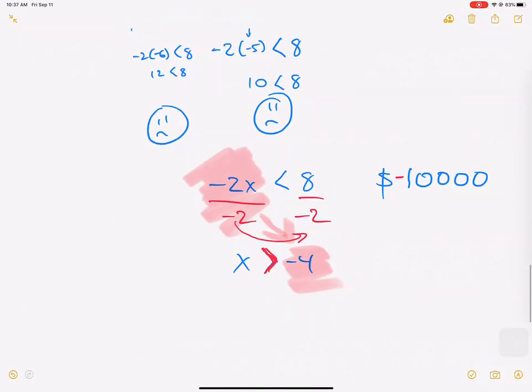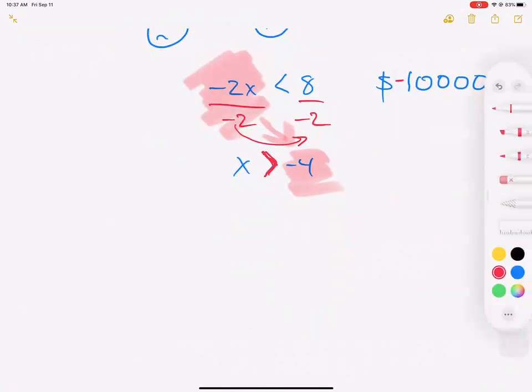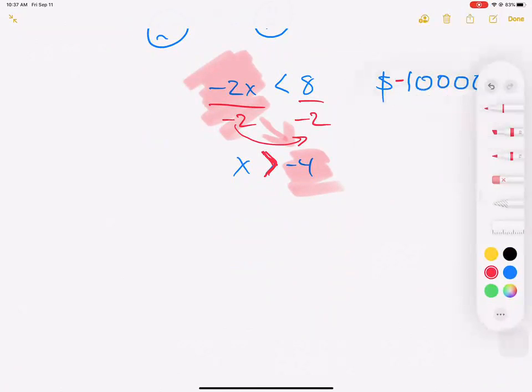Okay. This also works with multiplication. So let's look at this with multiplication. Negative x over 2 is less than 3.